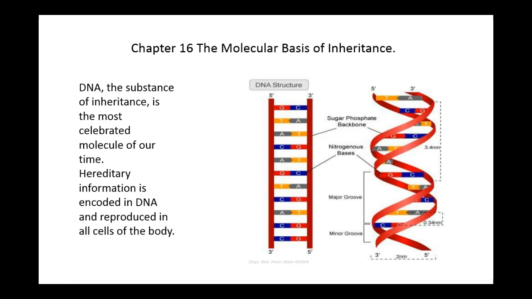But remember, chapter 14 was all about Mendel and his peas and the fact that it was finally beginning to be understood that there is something that is inherited.